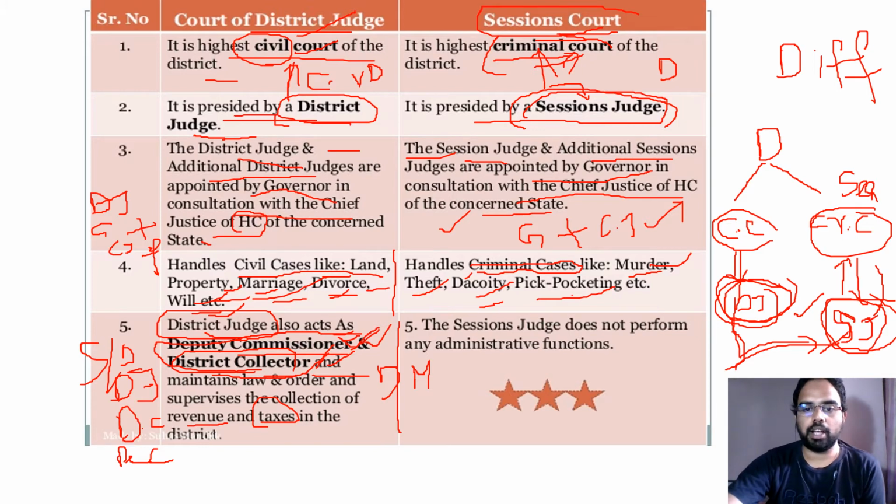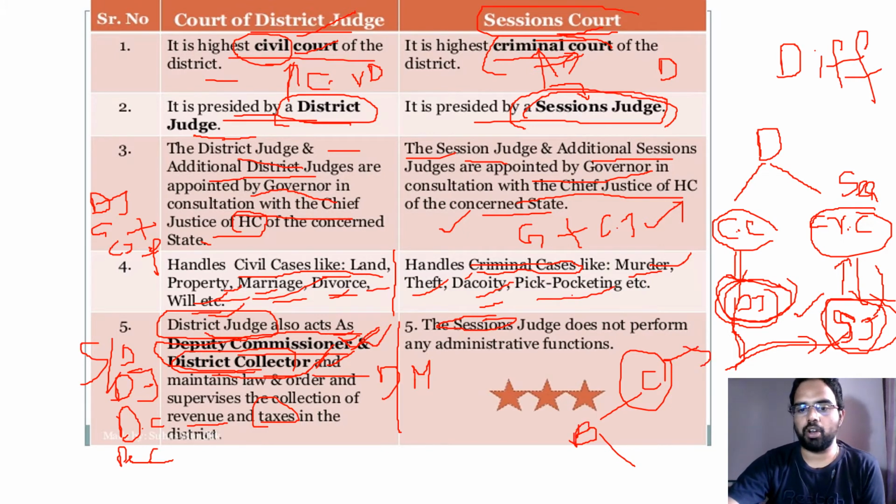And the sessions judge will not have that kind of administrative functions. So he'll only be dealing with the criminal cases. So the district judge is the same, but when he's dealing with criminal cases, he does not have any other administrative function.